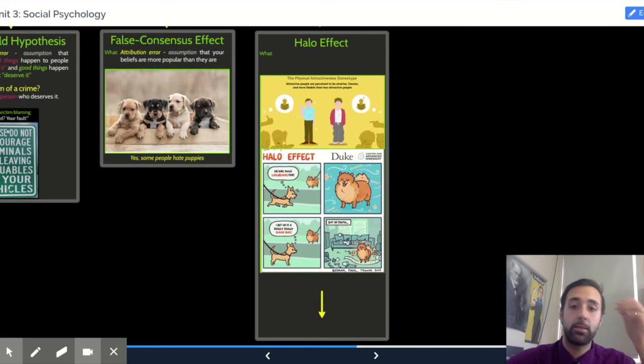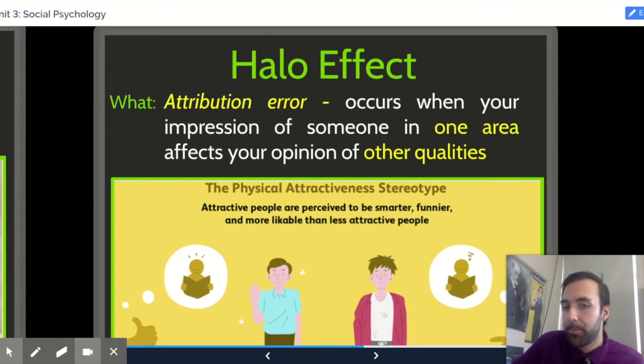And the last one is called the halo effect. This one's a really clear illustration of an attribution error, and this is really something you should consider in a job interview. Your first impression of somebody in one aspect of life can overlap into their assessment of other aspects and qualities. The really classic way this is illustrated is with dress.